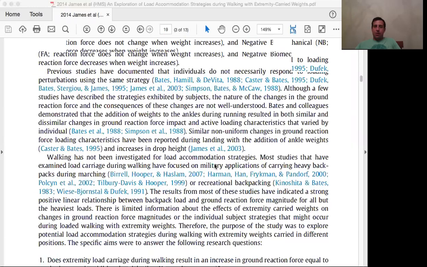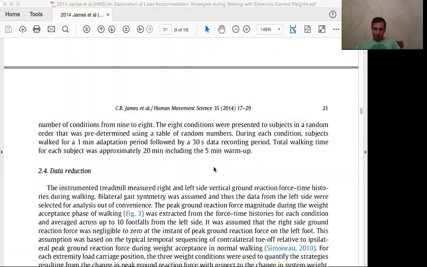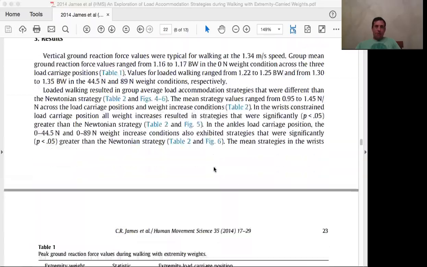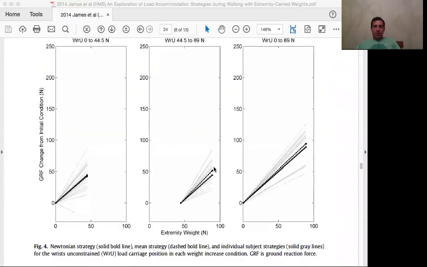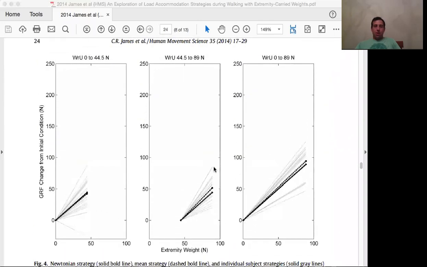And I'm going to take you down to those graphs, and I want to walk you through the graph down here to show you what that looks like, right? If we look at these graphs now, discuss and talk about what it is. So this is body weight condition at 0 to 44.5 newtons, which is the mass they added.